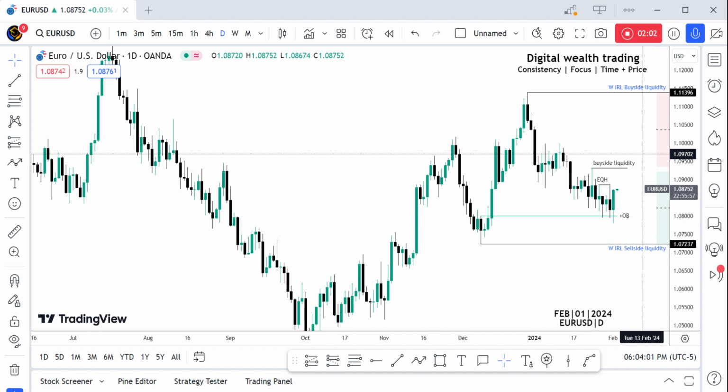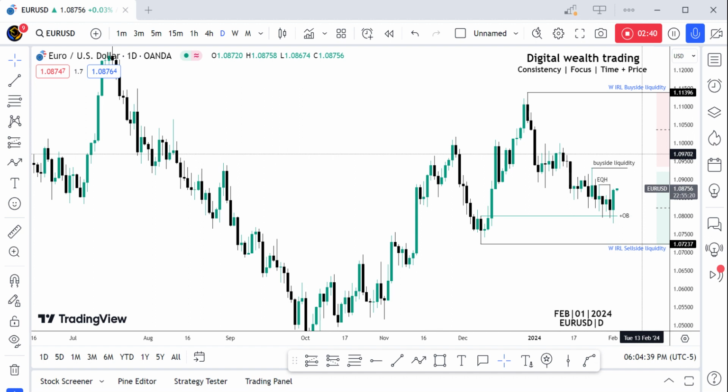The Euro US dollar daily contract for Thursday, 1st of February 2024, did not deliver so perfectly as called out yesterday, but did sweep the draw on liquidity we identified in price. Meaning we did not deliver the way we called it out yesterday, but we indeed swept the liquidity we mentioned yesterday.